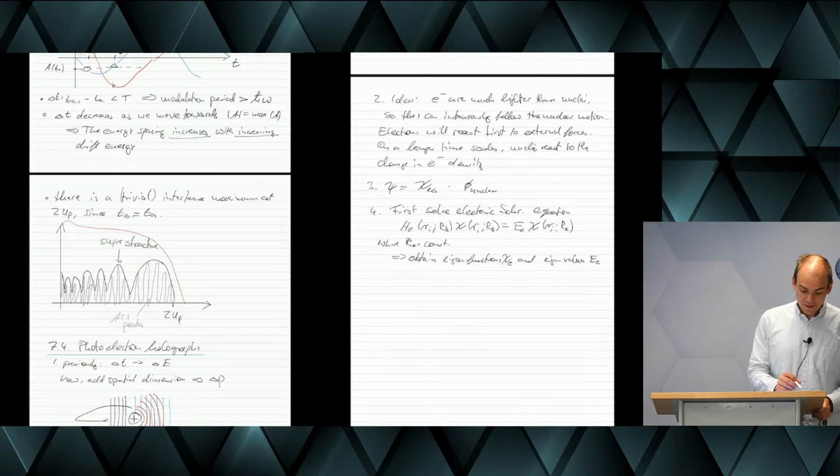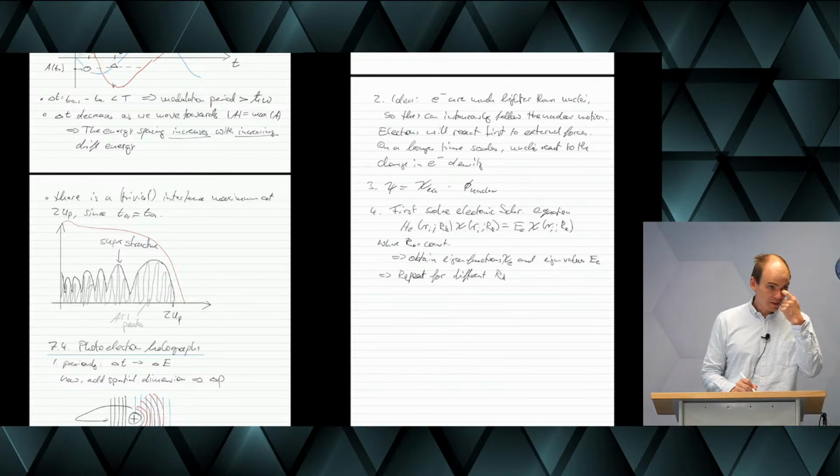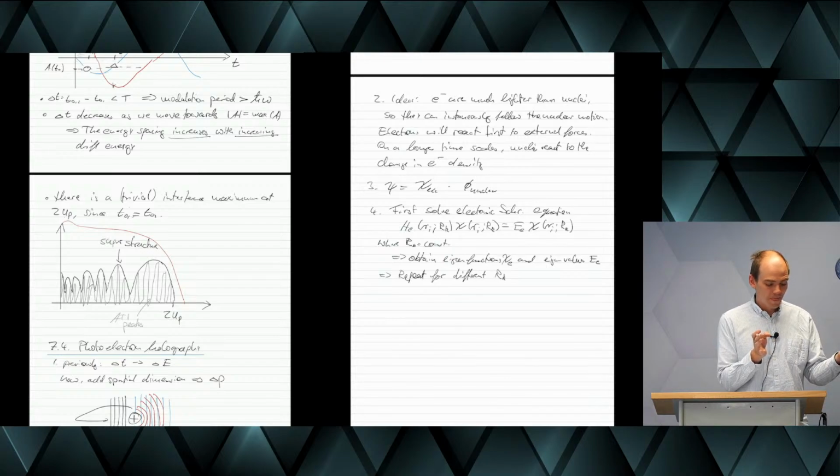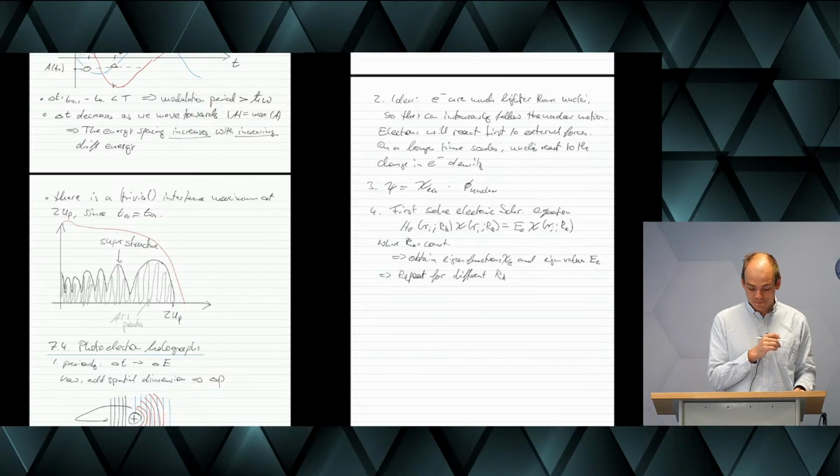And now the next step is to repeat this for different Rk values. In our simple example of H2+, a diatomic only has one internuclear distance, of course, so it's just one parameter that we vary.